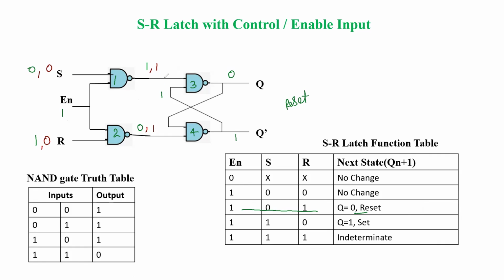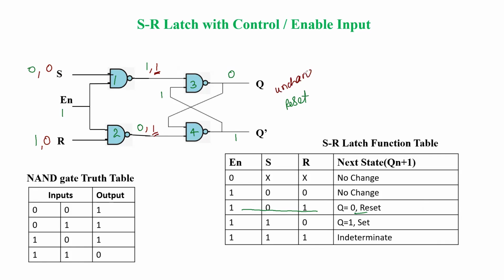Now both NAND gates 1 and 2 have output as 1. So for NAND gates 3 and 4, the input available is 1, 1, and we are not able to predict the output here. So the device output will remain unchanged.